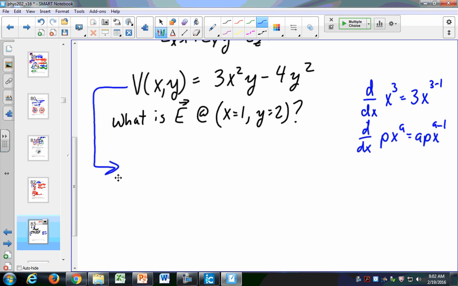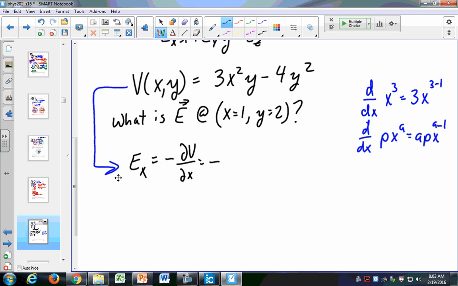Okay? If you're a little shaky on your derivatives, just come see me. We're just going to do these exponents, these polynomials like this. So, all right. If I want to know my electric field, I say Ex is negative del V del x. That's going to be the negative of the partial derivative of this function with respect to x.